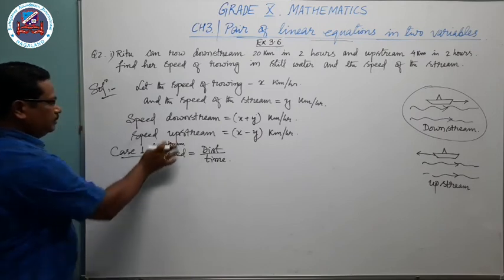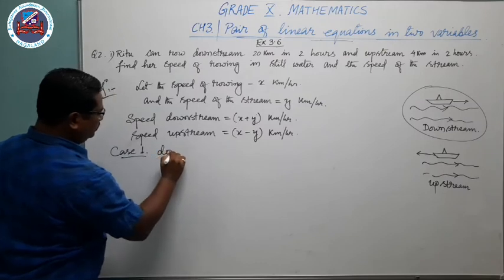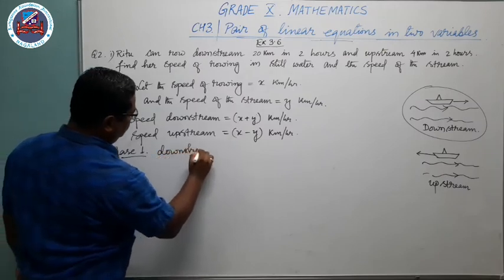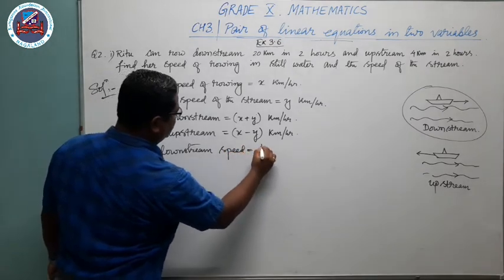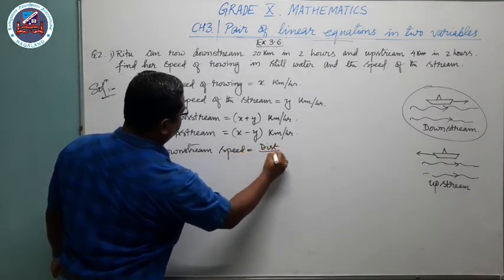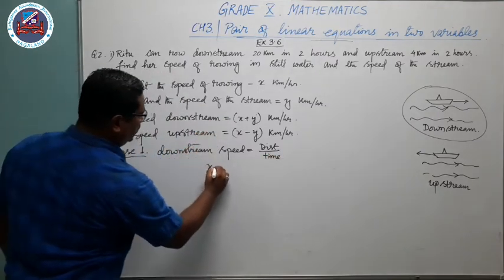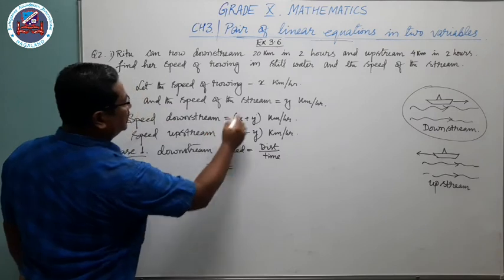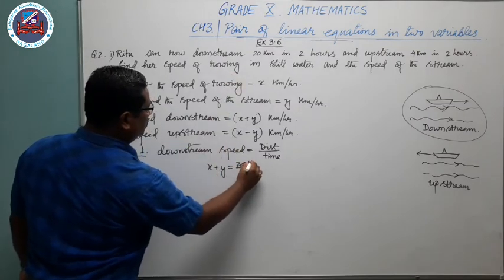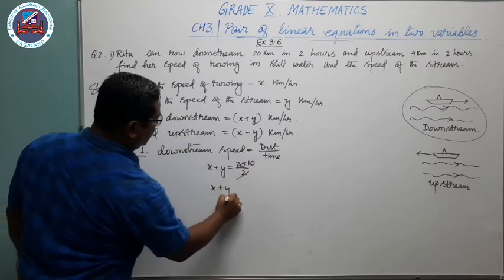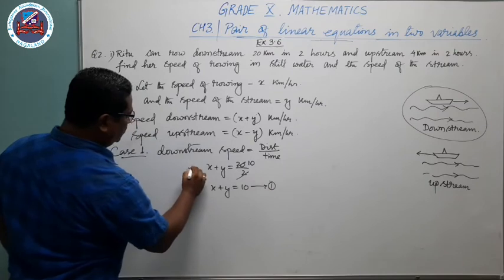Downstream speed is equal to distance by time. Now you can put the values. Downstream speed is x plus y, that is equal to distance 20 km and time 2 hours. If you calculate it, you will get x plus y is equal to 10. Mark this equation number 1.